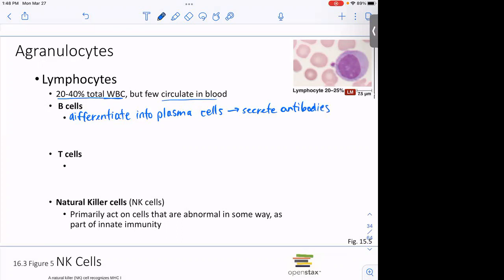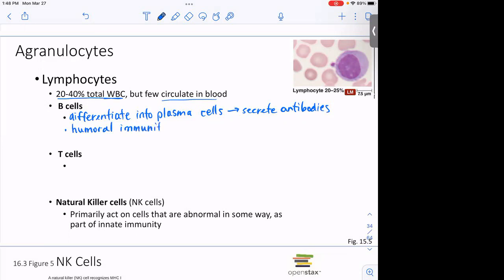Okay, so B cells, when they get activated, and we'll talk all about how they get activated, they mature into what's called plasma cells, and it's the plasma cells that are pumping out lots and lots of antibodies. And we say that the B cells are important in humoral immunity.